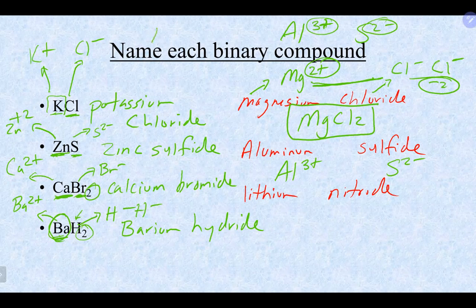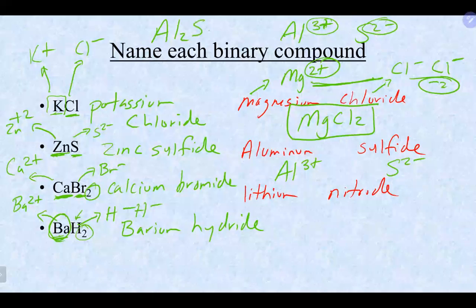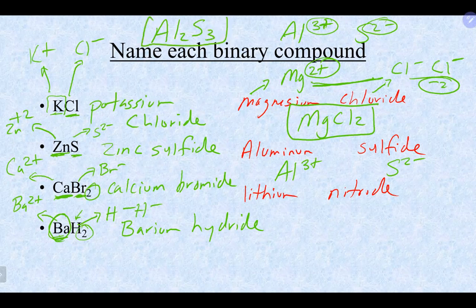So I'll just write up on top so you can see. And to get the sulfide to 6, we need 3 of them. So it would look something like that. Once again, that tells us we have 3 of these guys, each at -2, -2, -4, -6. And we have 2 aluminums, +3, and +3 is +6. So that equals 0 when it balances out. Any questions on that one there?